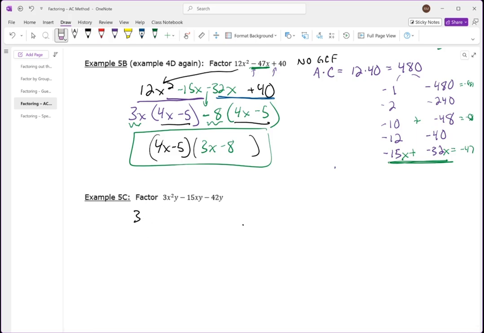So I'm going to factor out a y. When I'm factoring out that greatest common factor, it's like I'm dividing by 3y, and I'm just going to be left with the x squared. Or another way to think of it is 3y times what will give me 3x squared y. By that same thing, this is going to be 5x, and then this is going to be minus 7.